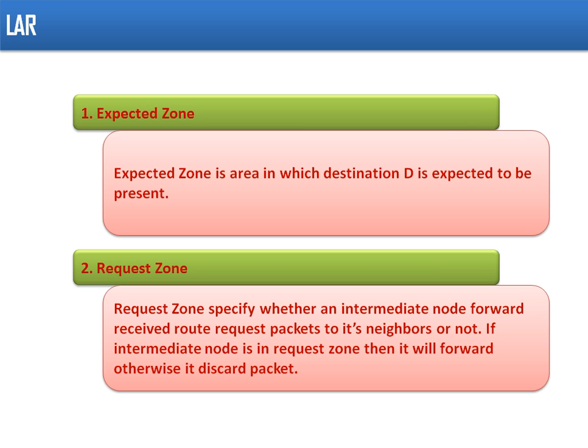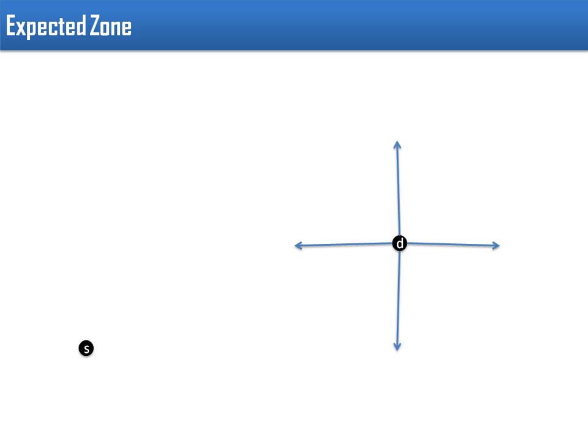But if a node is outside the request zone and receives a route request, that node will not forward it. So the request zone specifies that only nodes in this area broadcast request packets. We will see how these zones are formed.